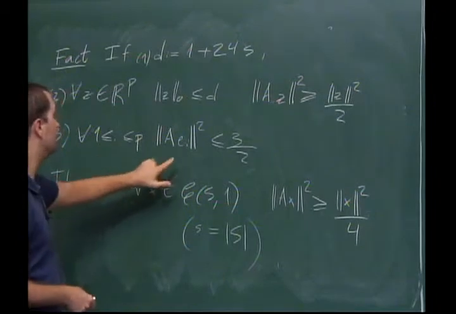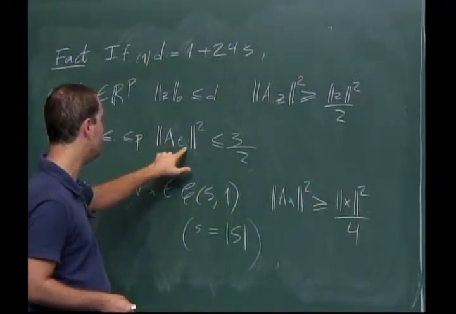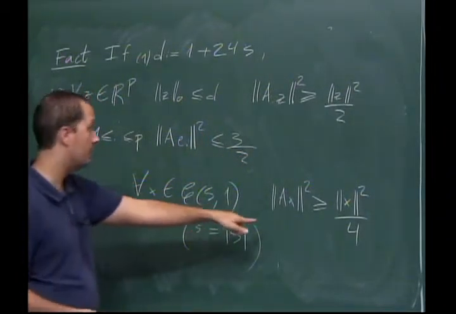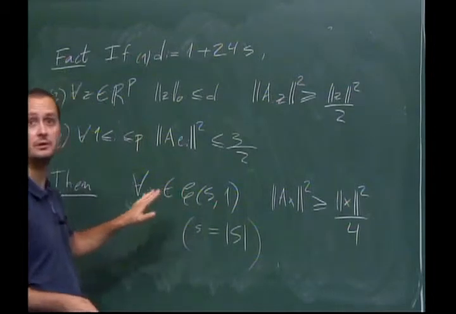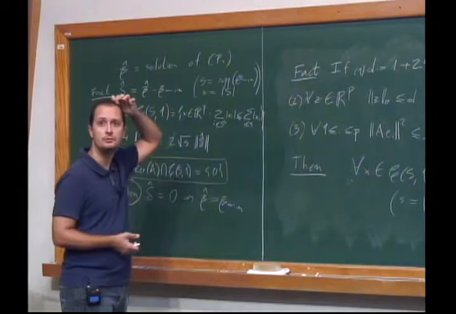Moreover, assume that for all canonical basis vectors, the norm of A e_i squared is less than 3/2. Then you get this inequality here for all the vectors in CS1, which, as we said many times, is sufficient to prove that the L1 problem has a unique solution.